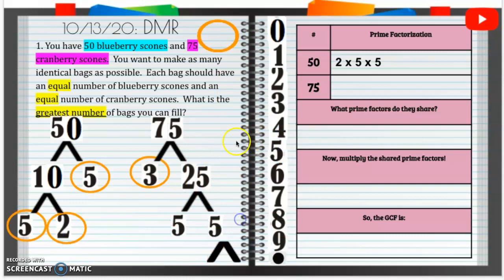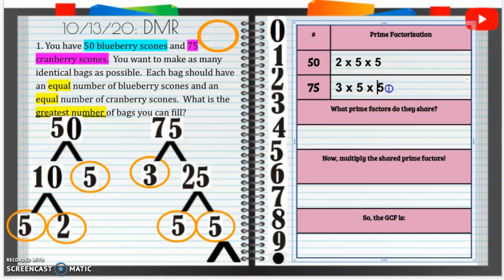Remember, other than 1 and itself. So I'm going to circle it because I'm done with it, because that 5 is a prime number, which means the only two factors are 1 and itself. So our prime factorization of 75 in order from least to greatest is 3 times 5 times 5, and we will have those being multiplied. Let's make that a little bit bigger.